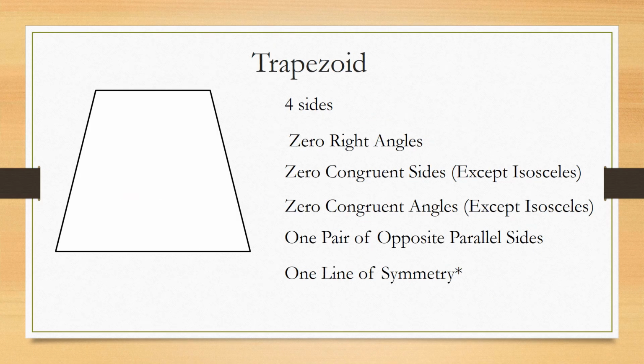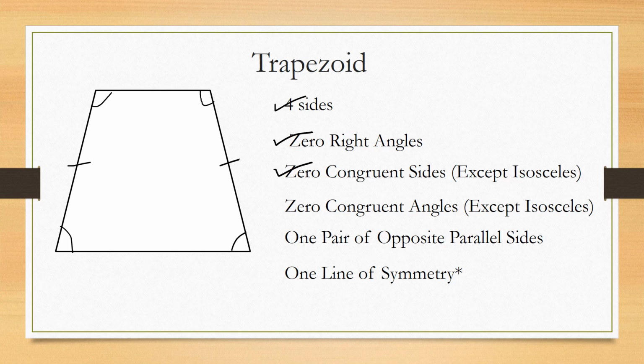A trapezoid has four sides, no right angles, zero congruent sides except for an isosceles trapezoid, in which the opposite sides, these two sides here, will be congruent to each other. And there are zero congruent angles in a trapezoid except for an isosceles trapezoid, in which the angles here will be congruent, and this angle here congruent to this angle.